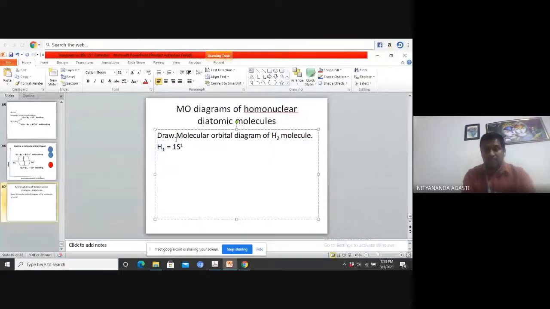Do not worry, it may look simple, but this is the procedure we are going to follow for the rest of the molecules, maybe a heteronuclear diatomic molecule or a homonuclear diatomic molecule like fluorine, neon. Any molecule we can draw following a similar procedure. So you write its electronic configuration, the same electronic configuration you have.